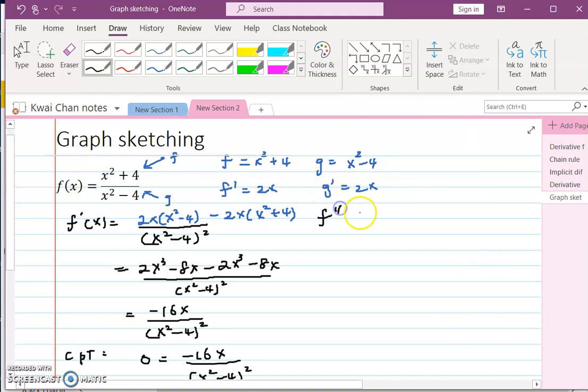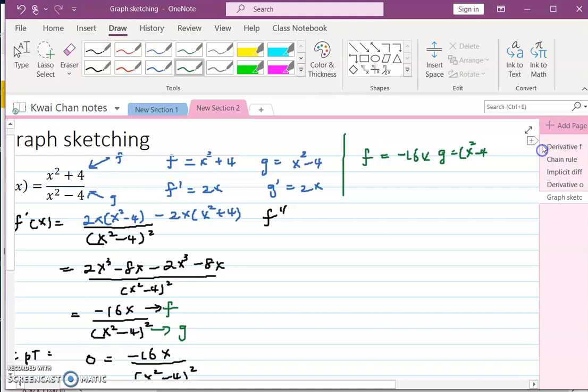Okay, f double prime would be the derivative of this. That is kind of difficult. So this is my f and g. Let me use another color to distinguish it. And this is g, so we would say this new f is negative 16x, and g is (x squared minus 4) squared.